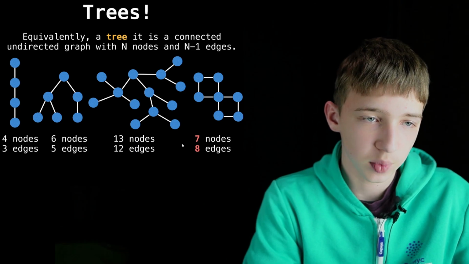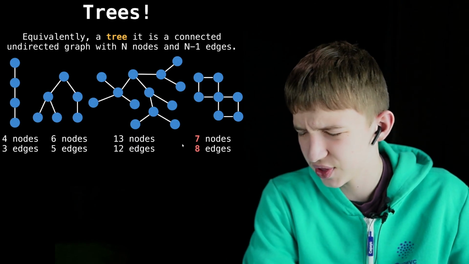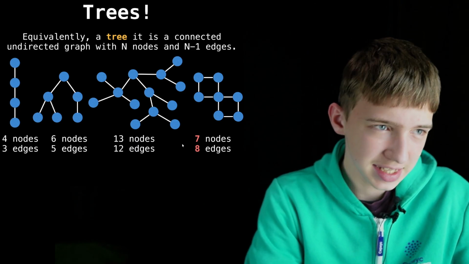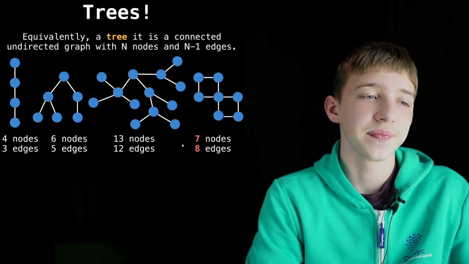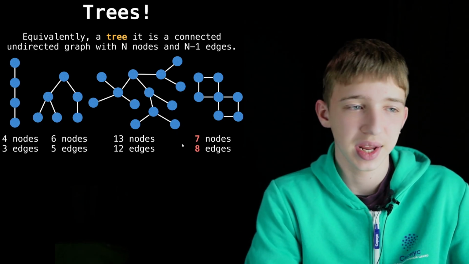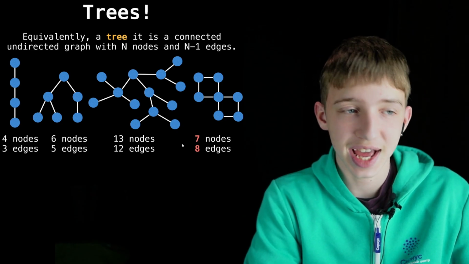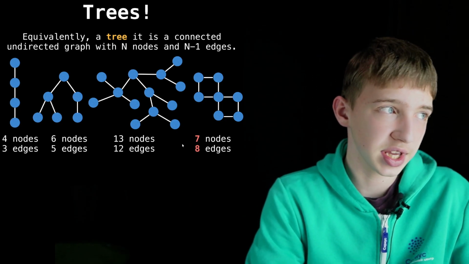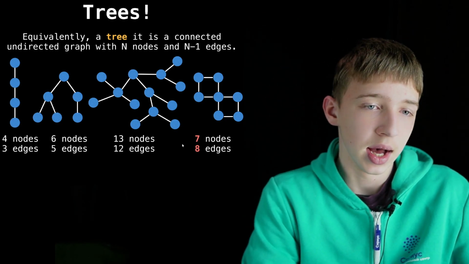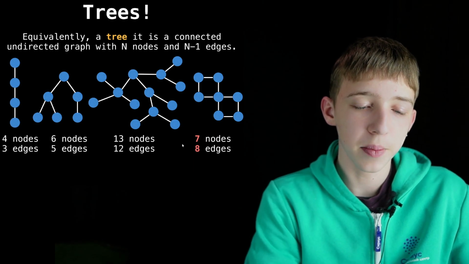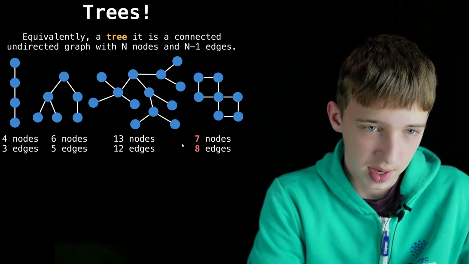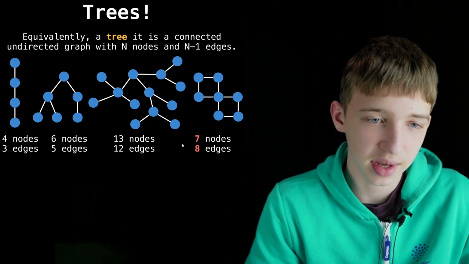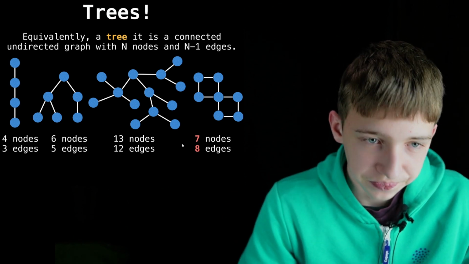In this case, there is one less edge than nodes. If there are n nodes and n minus 1 edges, we still want to check if the graph is connected, because if it is not connected, that means it is not a tree.